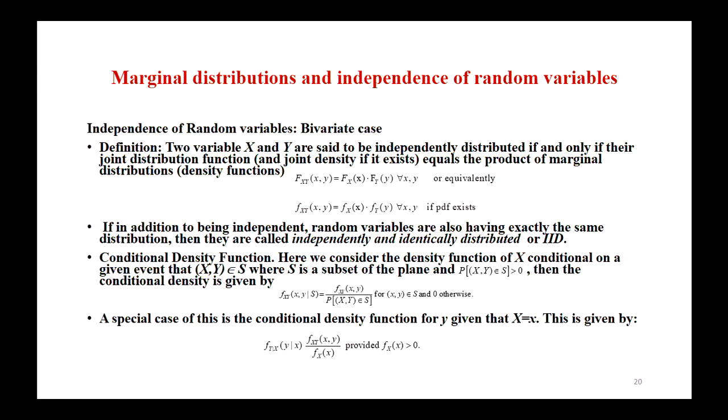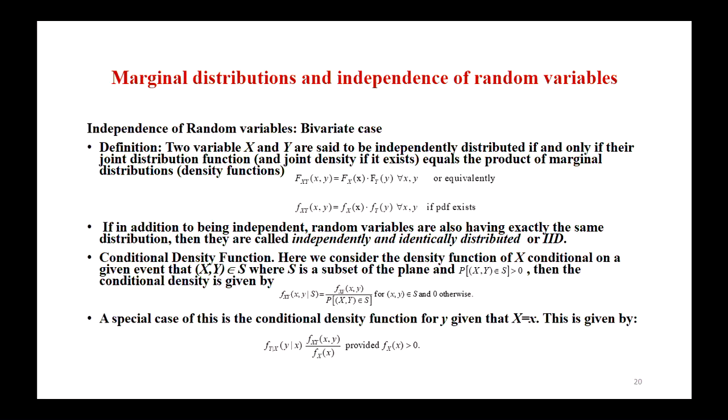Then the conditional density is given as follows. We say that f_XY(x,y) conditional on the plane S is just the joint PDF divided by the probability of lying in that plane. It's a plane, by the way, because we have two dimensions. We have an x and a y.